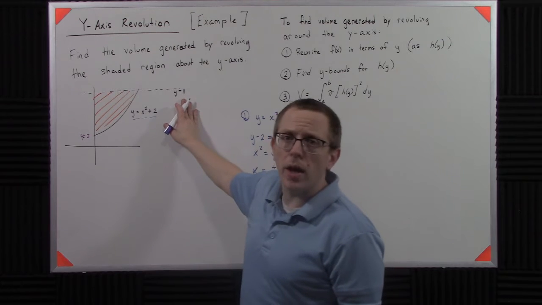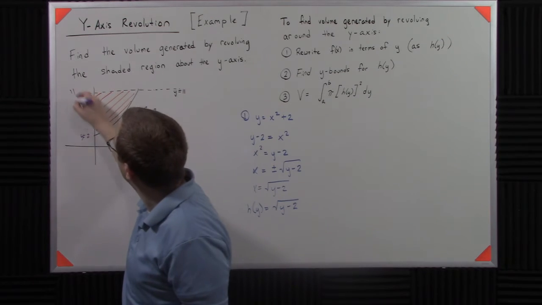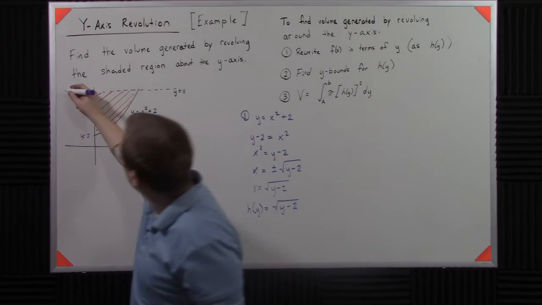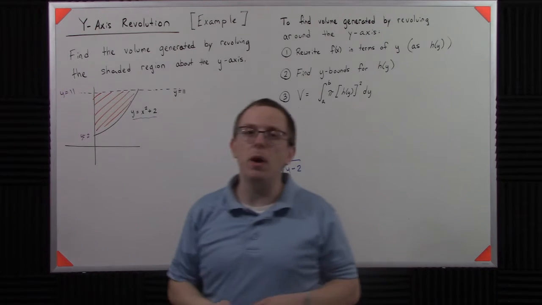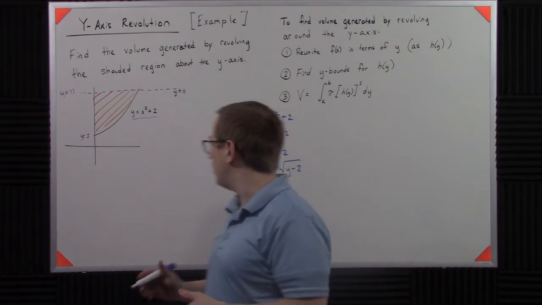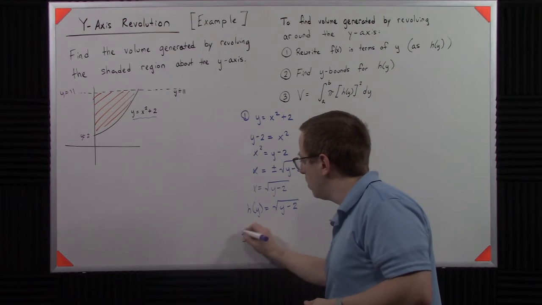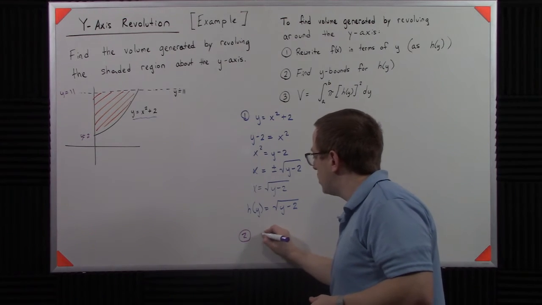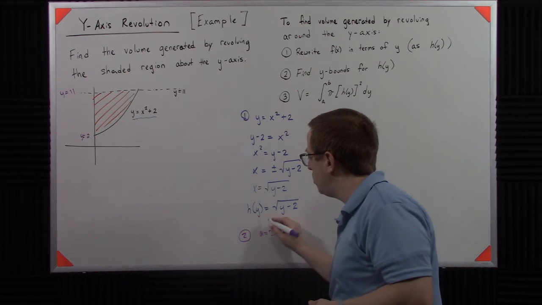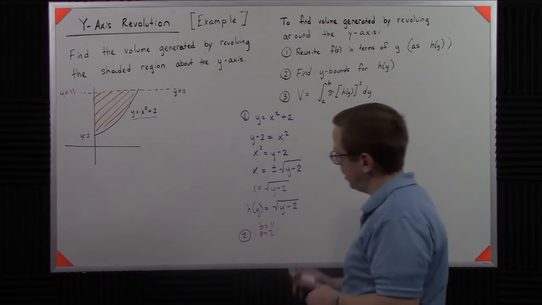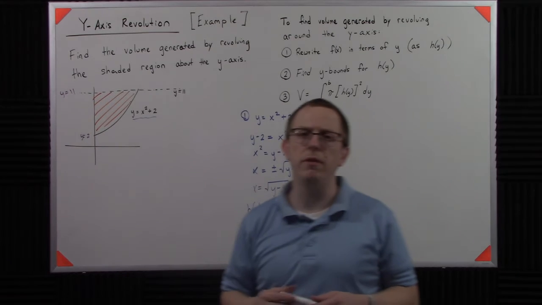And clearly at the top, y equals 11. So that looks like my bounds are 2 and 11. So I'll just write that here: a is 2 and b is 11. All right, so we have 2 and 11.